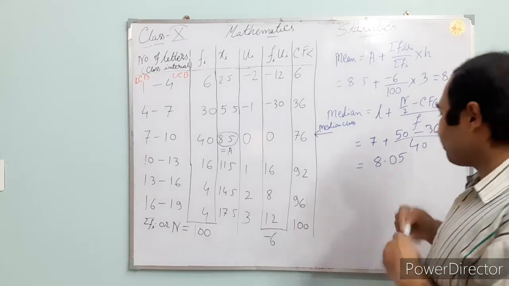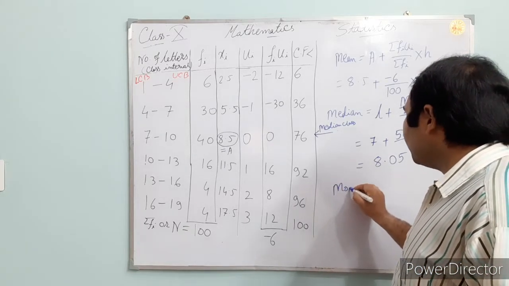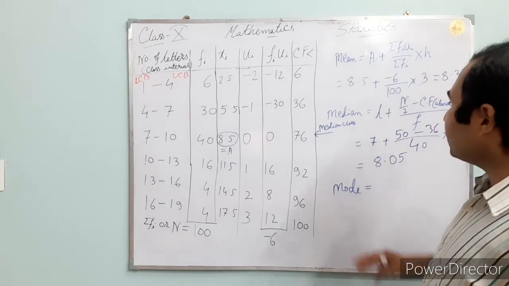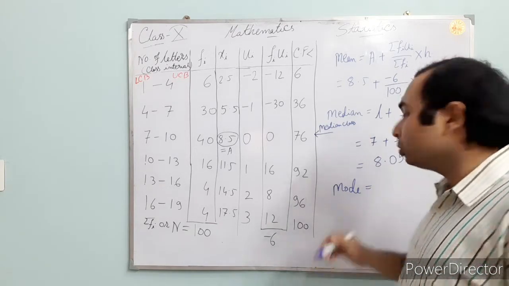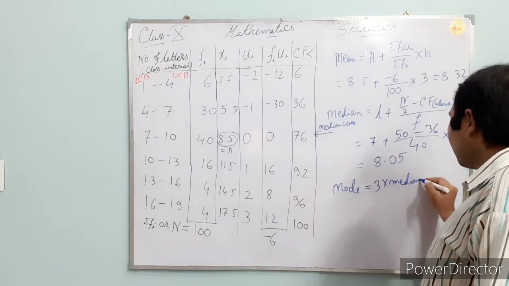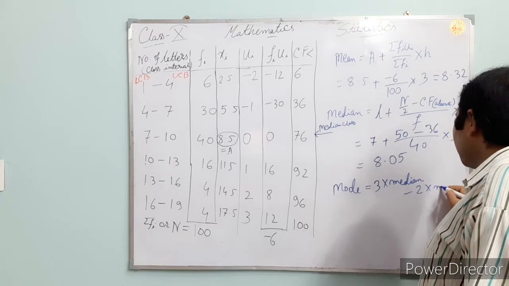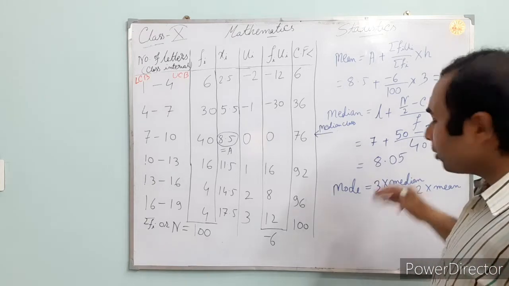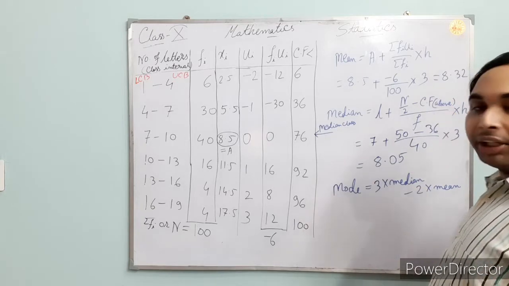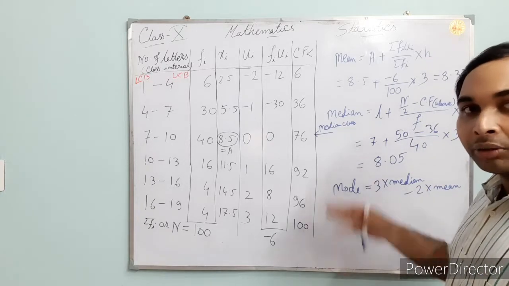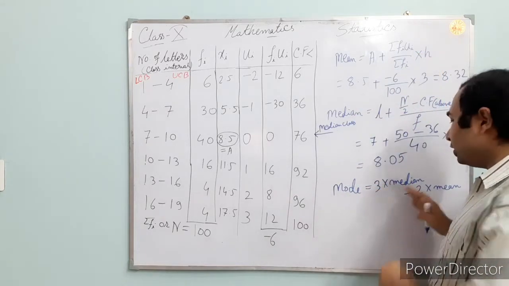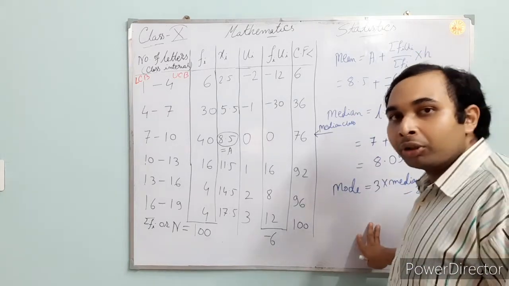Now mode. For finding the mode, two formulae are there. One is 3 into median minus 2 into mean. I am writing here 3 into median minus 2 into mean. But this formula will be applied whenever you have the values of median and mean. Otherwise you cannot find anything. You have to find the mean and median, then you can find the mode.